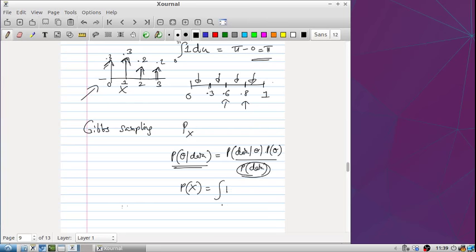integration of p of theta given data. So I'm just taking x to the left hand side. So p of x given theta times p of theta divided by p of theta given x. Oh, this is not useful actually.